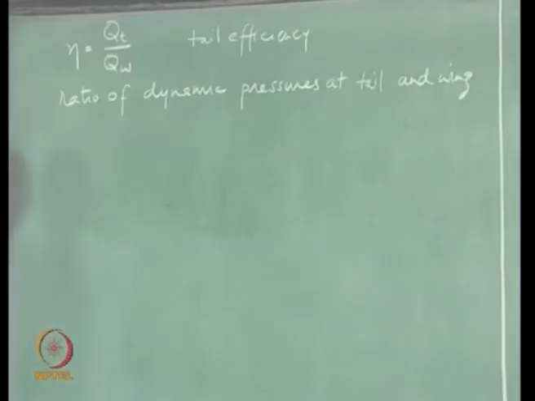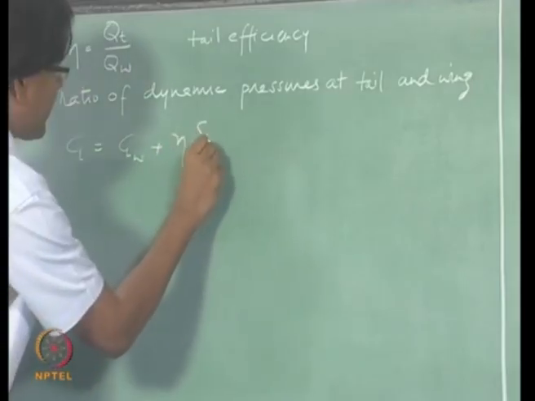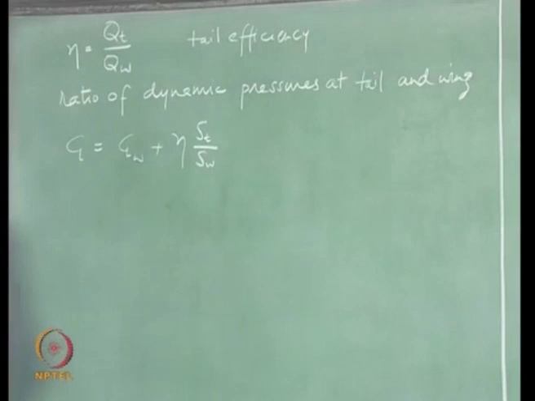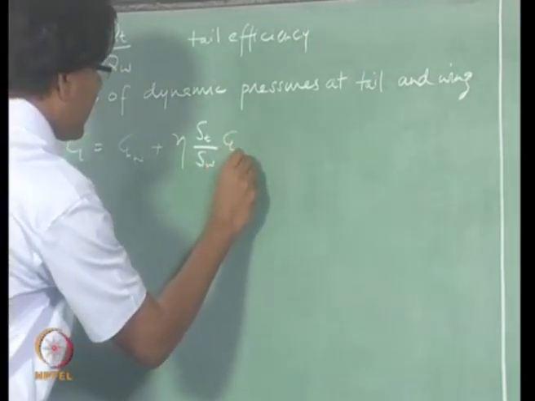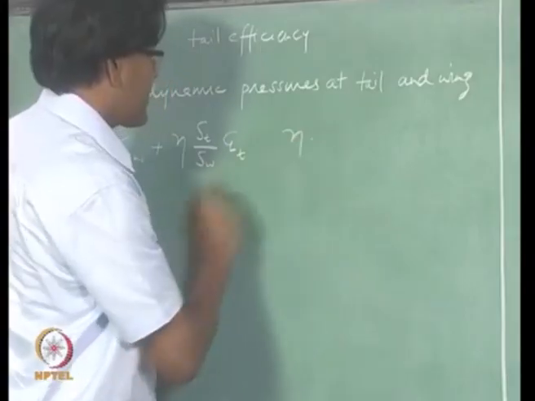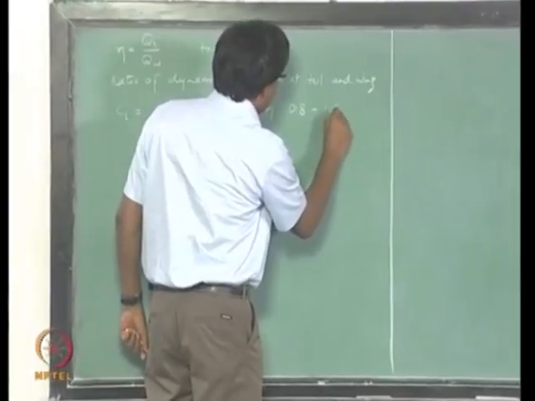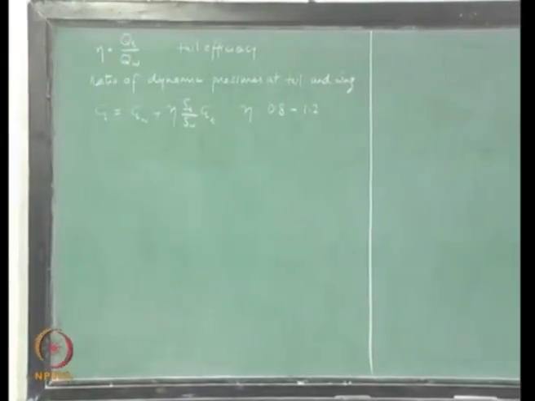Okay. So this CL is now modified to, right. The value of this quantity lies between 0.8 and 1.2, right.